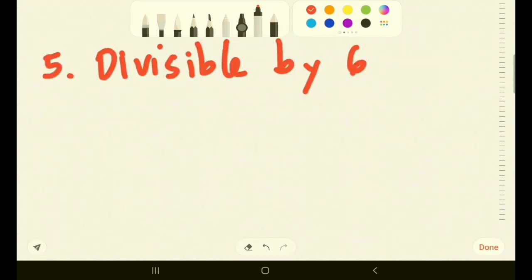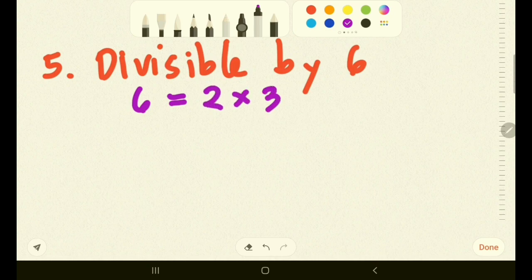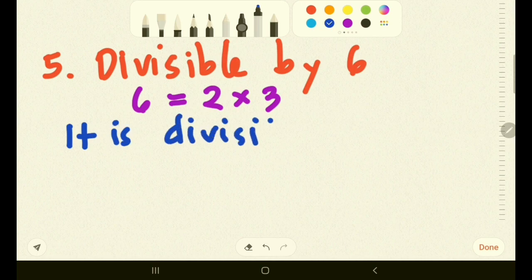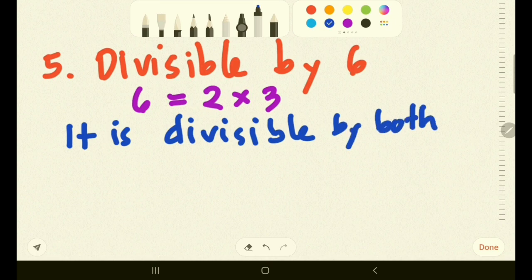How about divisible by 6? As you observe, 6 is 2 times 3. So the number is divisible by 6 if it is divisible by both 2 and 3.